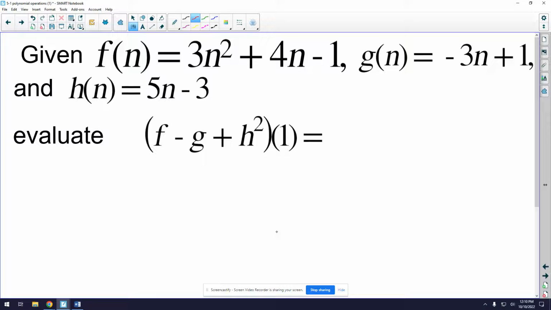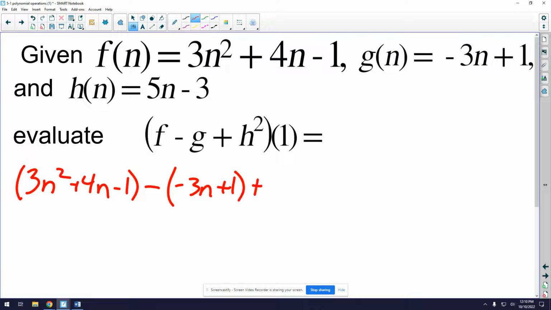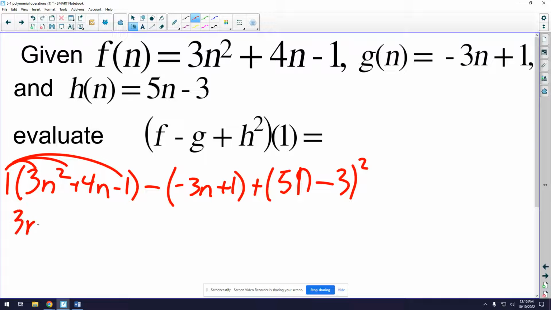We're going to take f, 3n squared plus 4n minus 1, minus g, negative 3n plus 1, plus h squared, looks like an n. Your first one has a 1 in front, doesn't change anything.